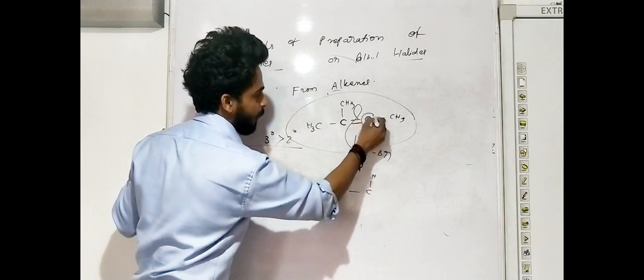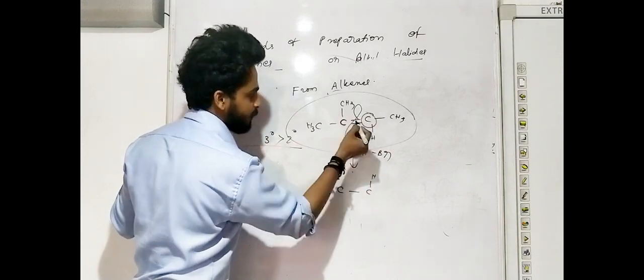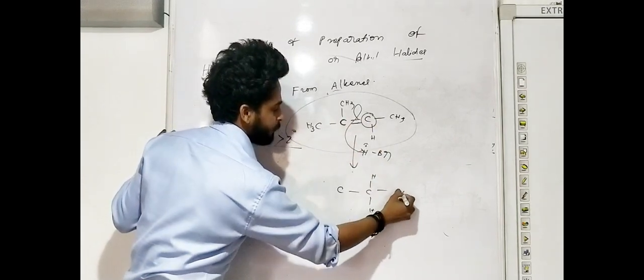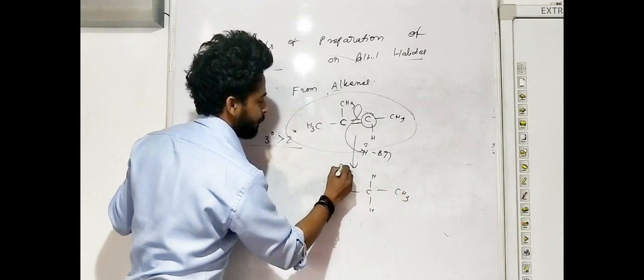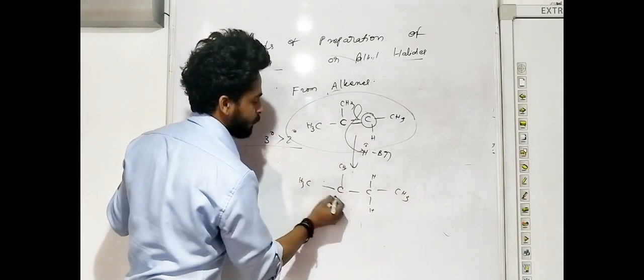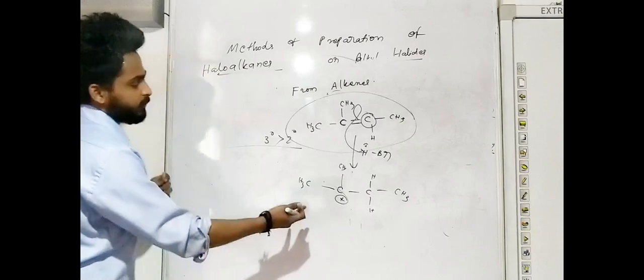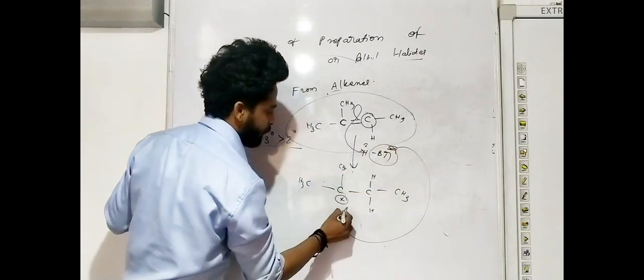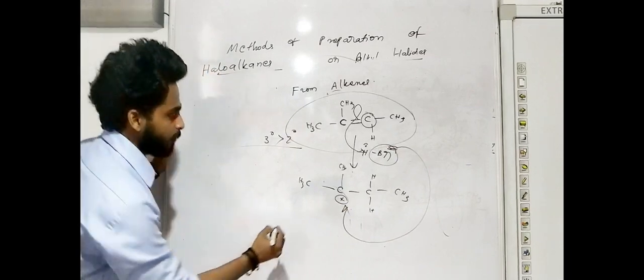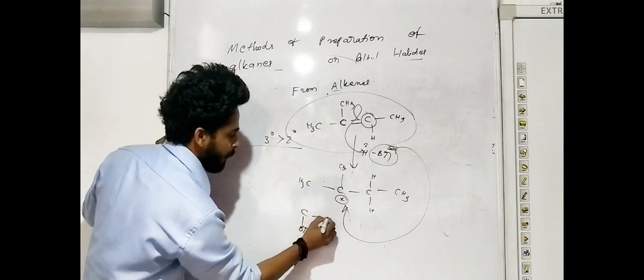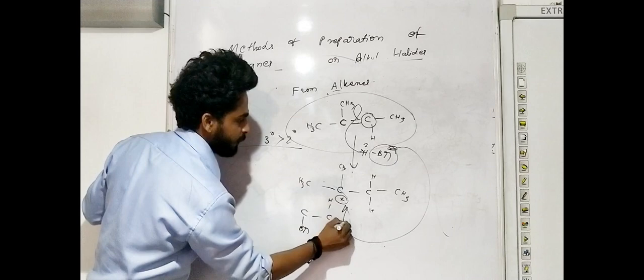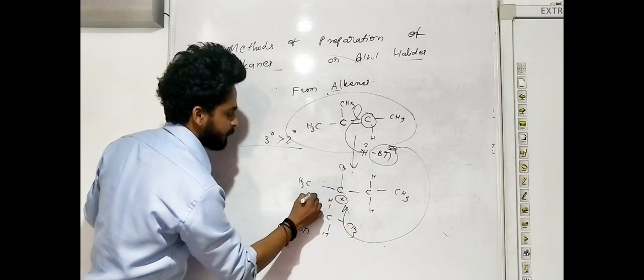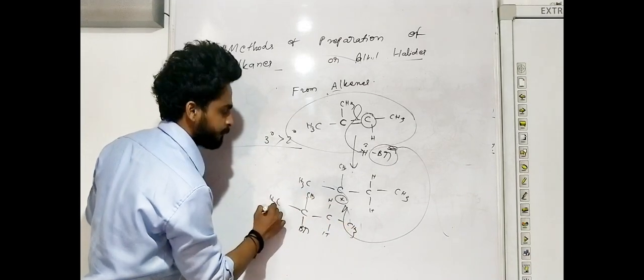Hydrogen will add to this carbon because the resulting carbocation will be more stable. So hydrogen here and CH3, then CH3. This carbon has a vacant p orbital, so it forms a carbocation. Then this Br minus will react with this C plus to form C. Here Br and CH3, CH3, CH3.